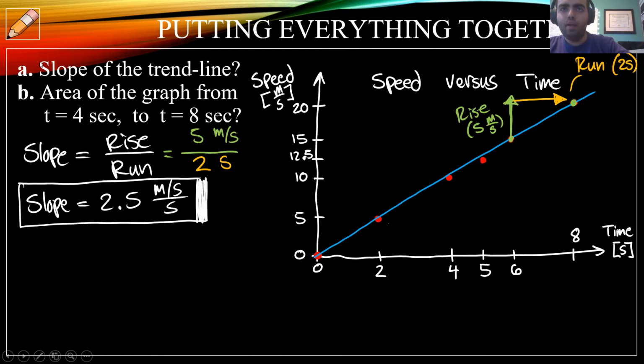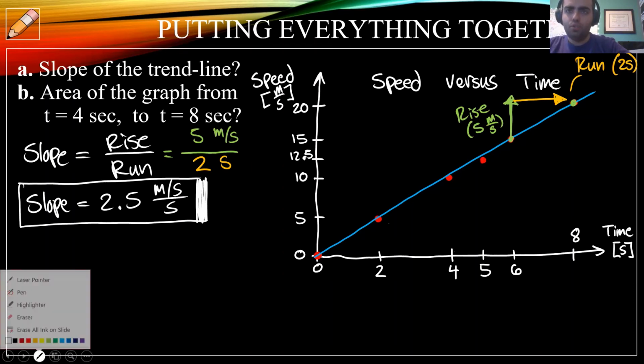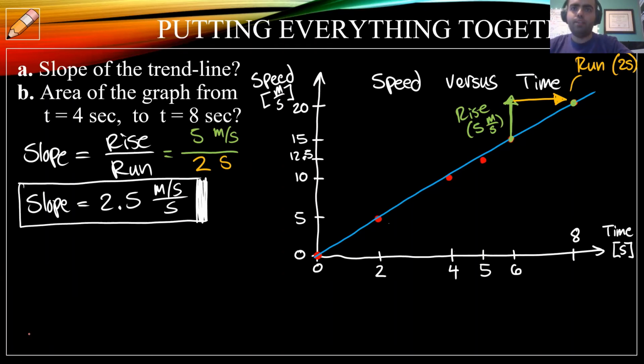That was part A. Part B was asking about the area of the graph from t equals 4 seconds to t equals 8 seconds. So notice it's from t equals 4 to t equals 8. When you have the area of a graph, it's always the area between the graph, which is the blue line, the horizontal axis, which is the time axis, and then two vertical lines specified by a starting point and an ending point.